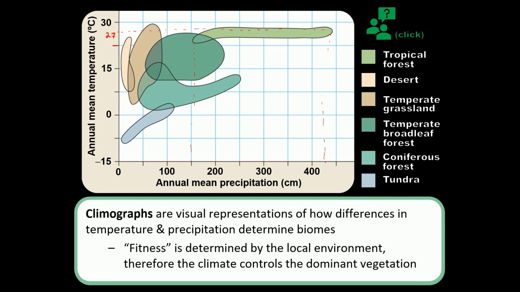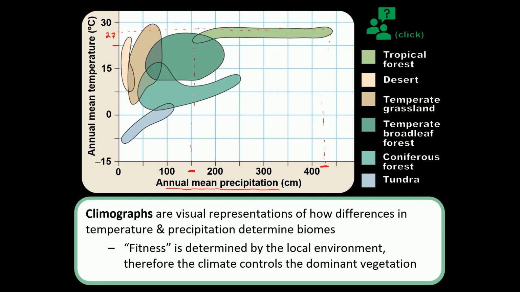Similarly, you would also need a lot of rainfall in order to have a tropical rainforest. It's right there in the name. It's a tropical rainforest. So you need an annual mean precipitation somewhere between 150 centimeters per year and 450 centimeters per year.